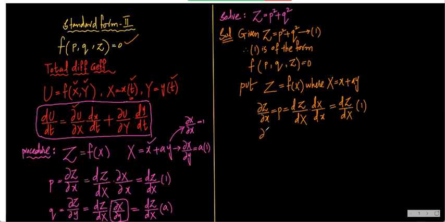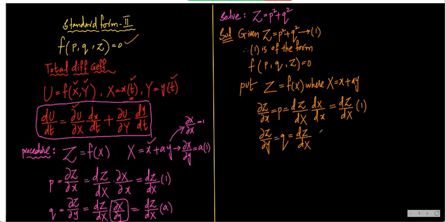Similarly, dou z by dou y means the value of q is equal to dz by d capital X into dou capital X by dou y. Not d, sorry, dou.